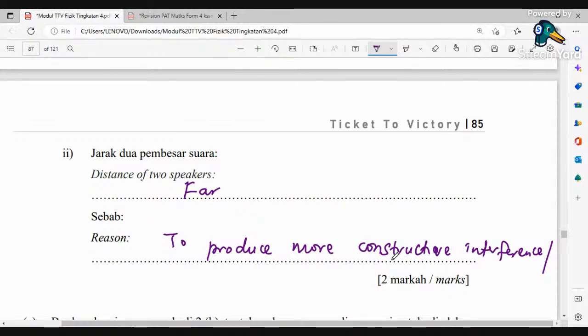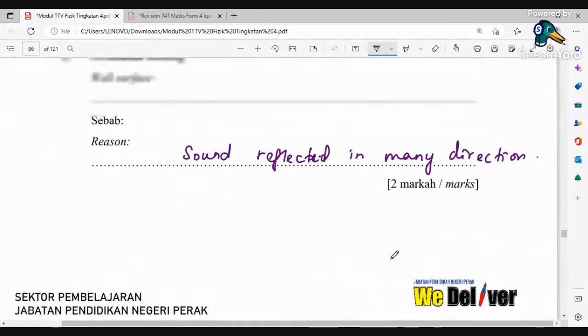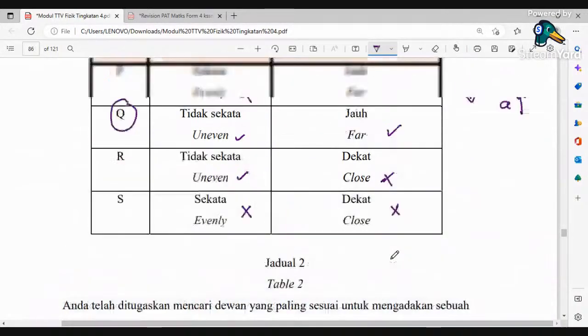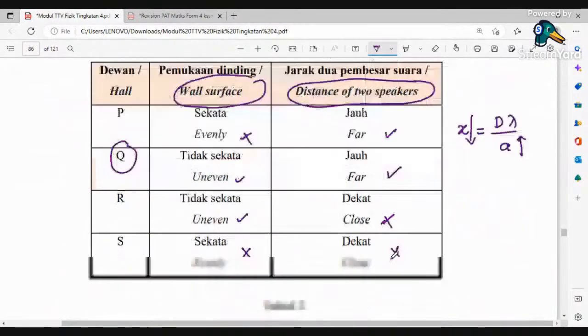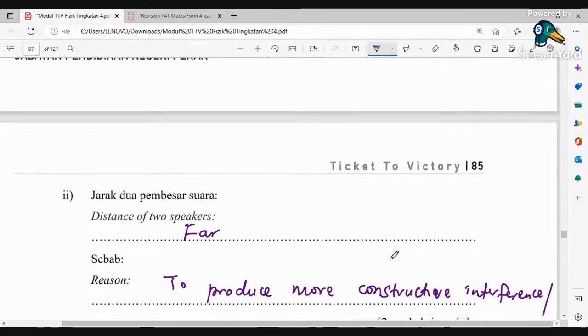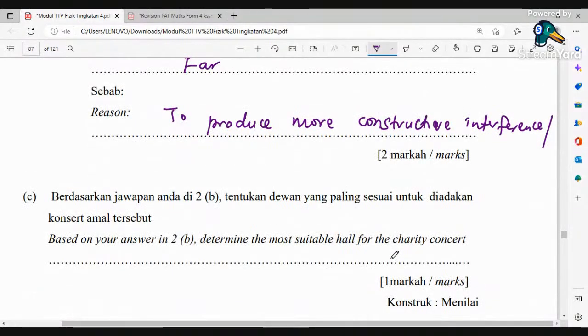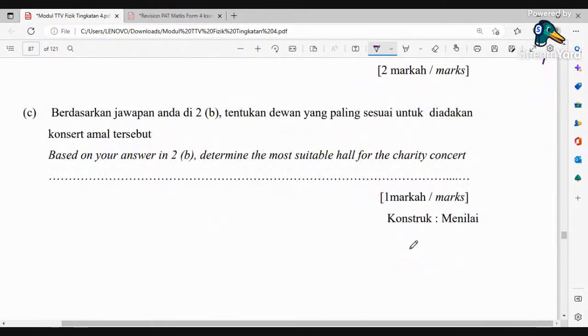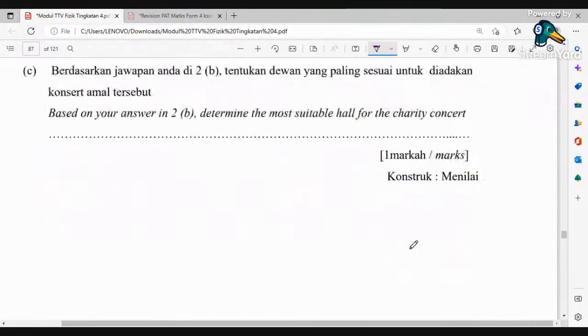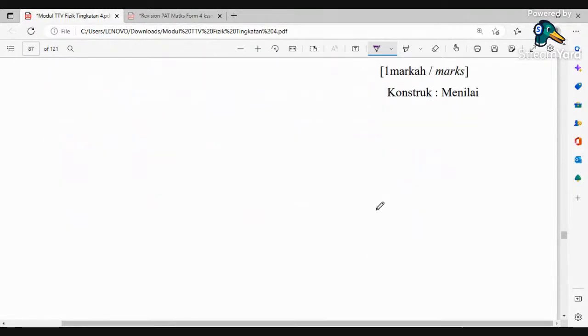Okay, to constructive interference. Okay, nampak tak? Ini soalan. More constructive means more loud sound lah. Loud sound is produced in the hall. Based on your answer, determine the most suitable. So the most suitable is Q.